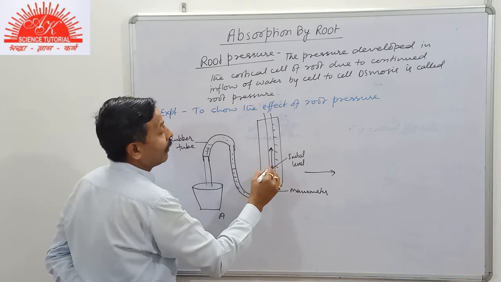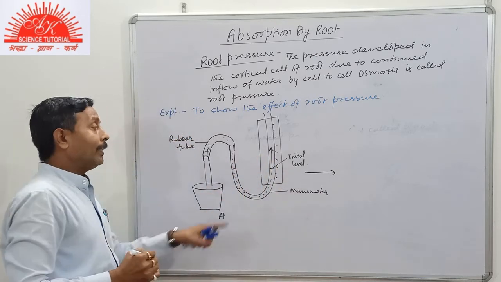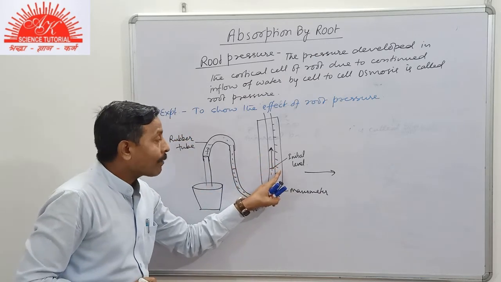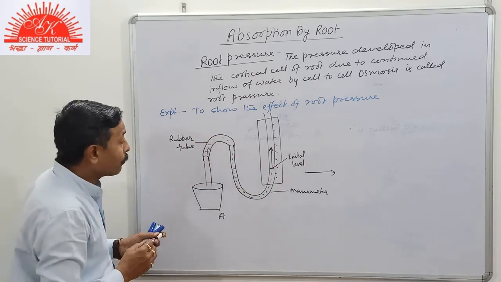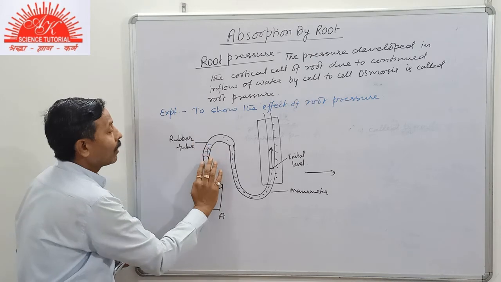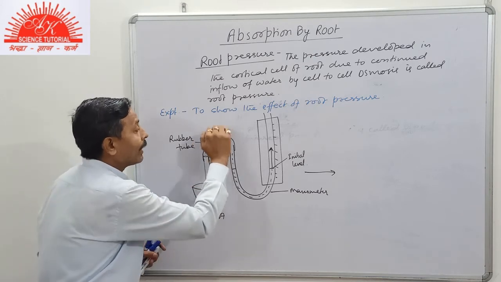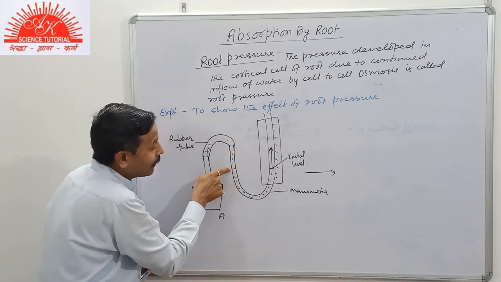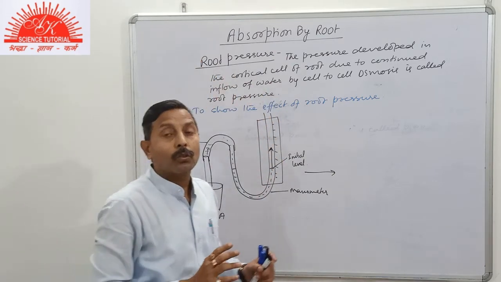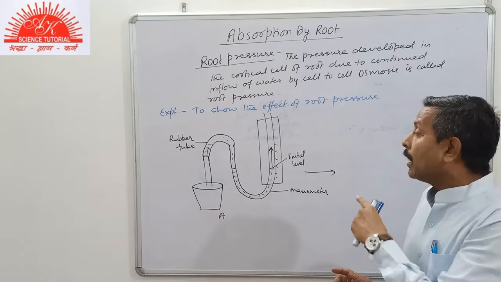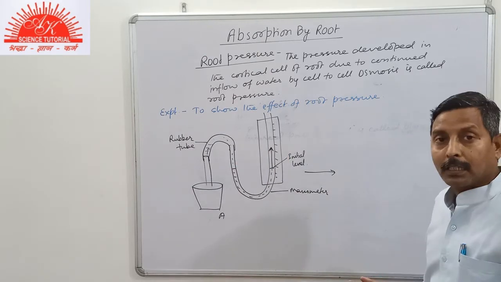This rise in the level of the fluid is due to root pressure, because root pressure forces the water to rise up through the stem, which exerts pressure on the mercury in this limb, causing it to rise. So this demonstrates the effect of root pressure.